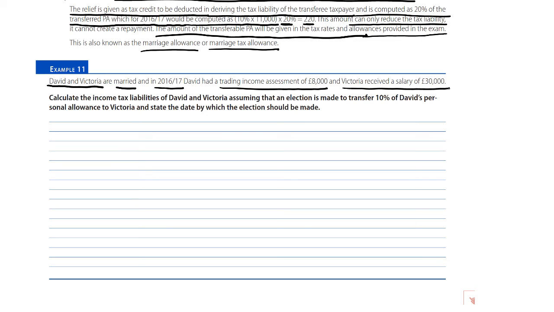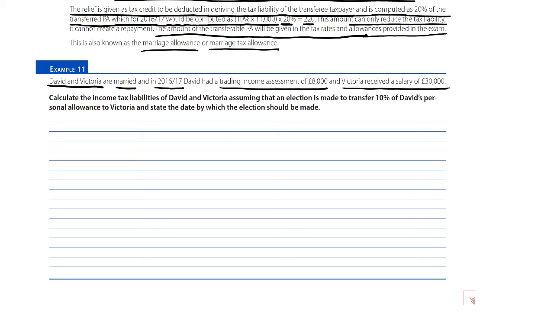Now, just looking at those numbers, what have we got? Trading income assessment for David, £8,000. £8,000 is less than £11,000. Clearly a non-taxpayer and with a wasted amount of their personal allowance.